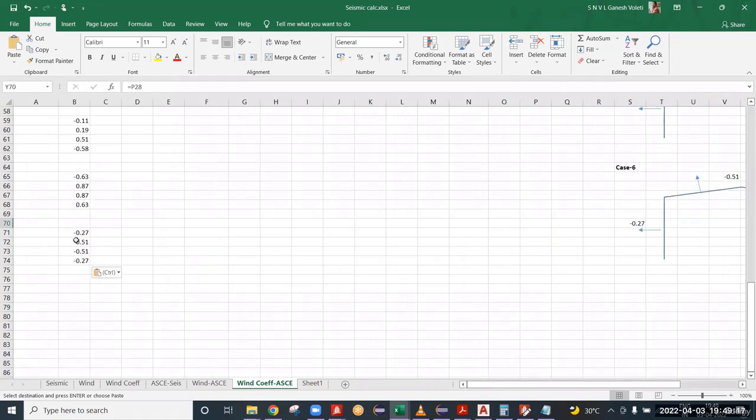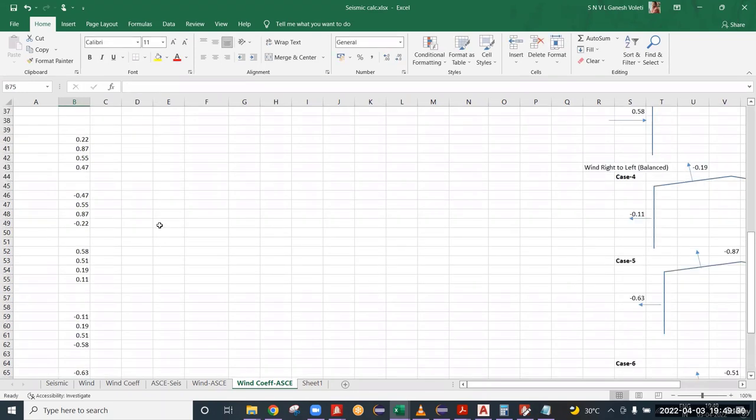And the first one is negative and 2, 3 and 4, all these are positive. Okay, this is how we have to take sign conventions as per STAAD. Now these are the coefficients you have got.